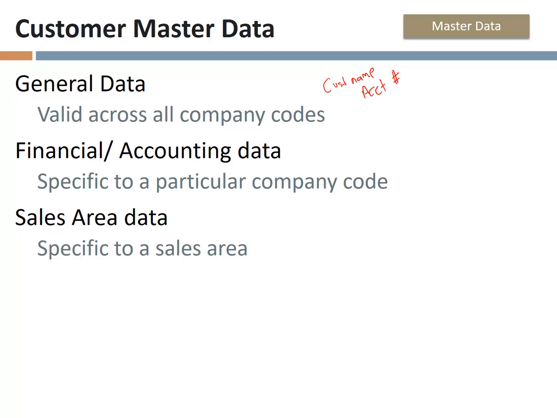Think about the utility of this now in the context of credit management and how it enables us to track credit more easily across multiple company codes because we're all using the same account number and name to reference a customer. As an aside, I might have mentioned before that one time in the past I worked for a collections department inside of an organization.